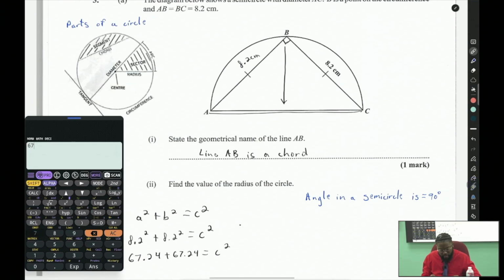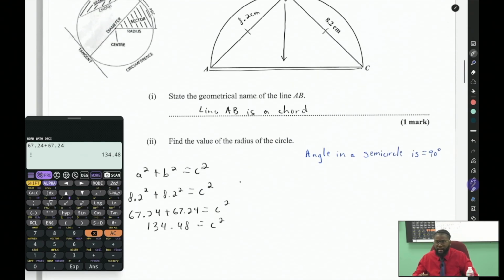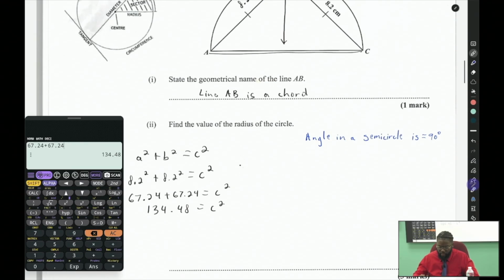So 67.24 plus 67.24 gives us 134.48 equal to c squared. But we are not at the finish line as yet. We need to find c.